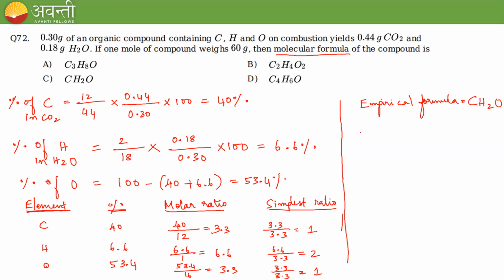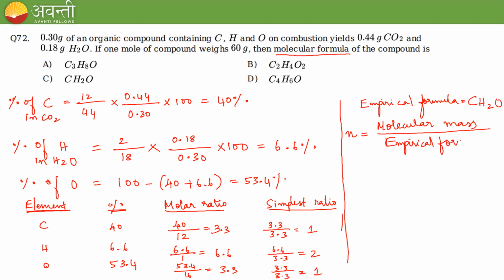Now we need to find out the molecular formula. To find out the molecular formula, we need to find out the n value, and n is an integer. It is nothing but the molecular mass divided by the empirical formula mass.